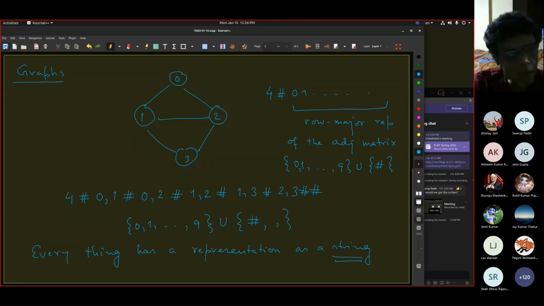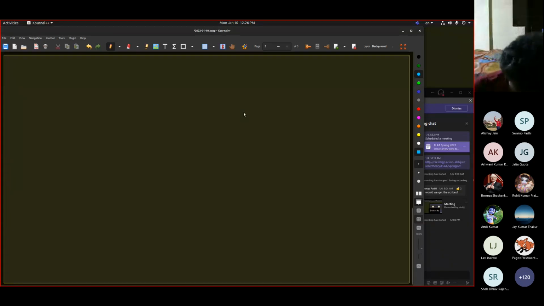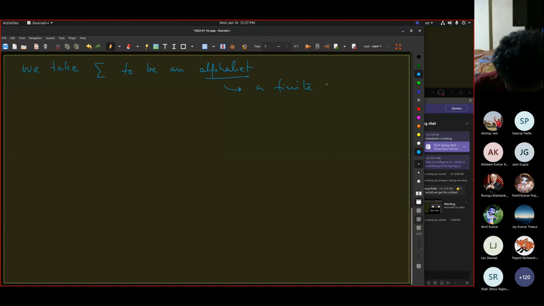So if we make some such encoding scheme for our language, what happens is that, with this understanding, we take sigma to be an alphabet, which is by definition a finite set of symbols.